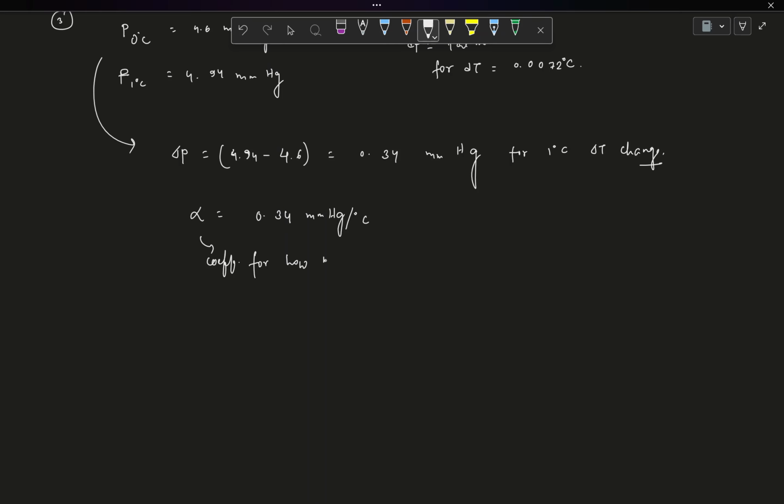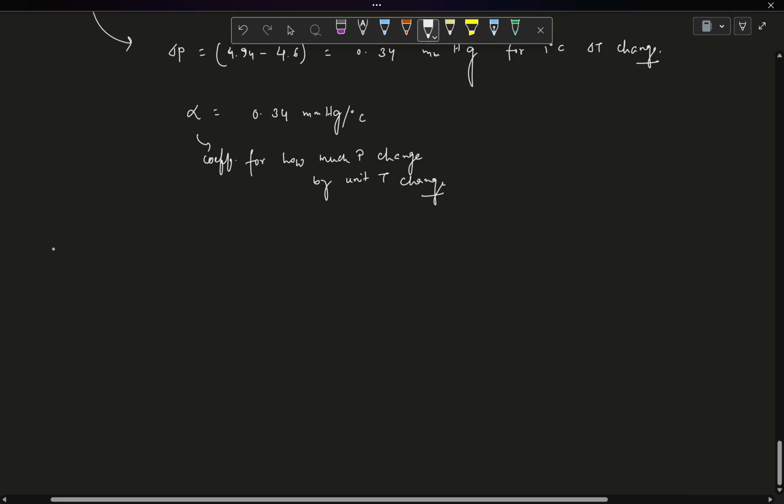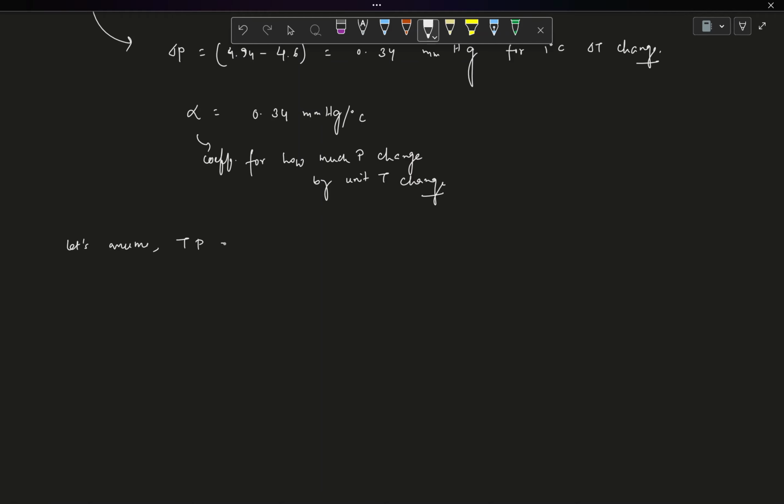So this is the coefficient we have defined for how much the pressure changes per unit temperature change, right? Now let's assume the triple point temperature is T degree centigrade.